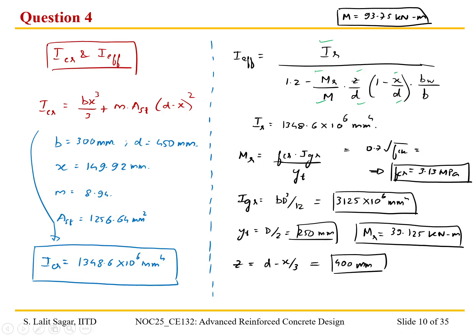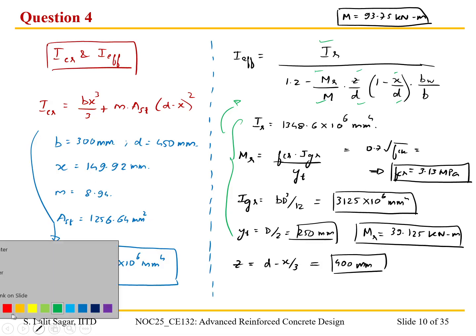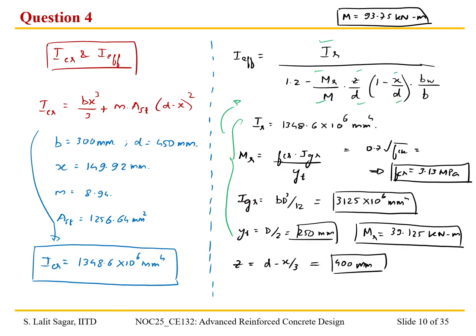Once we substitute all these values in this equation, we obtain the I effective as 1415.6 multiplied by 10 to the power 6 millimeter power 4.